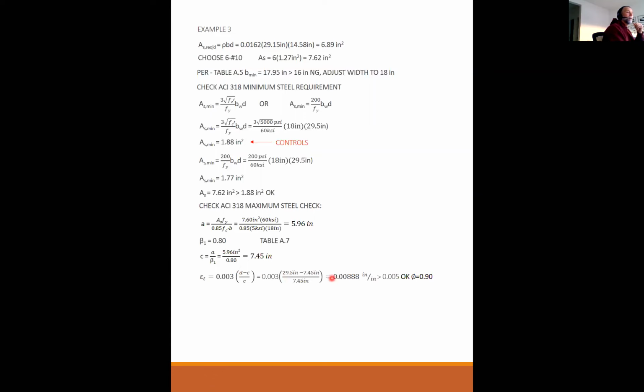Why am I off my target? Anybody? Is it because you adjusted the width? It is. It's because I adjusted the width, and it's also because the minimum depth that I needed, I can't build.